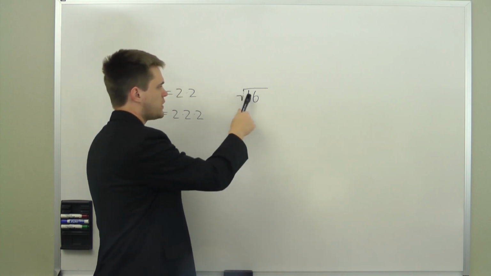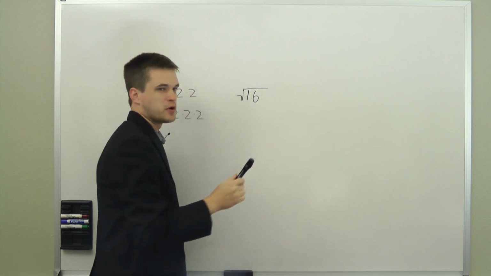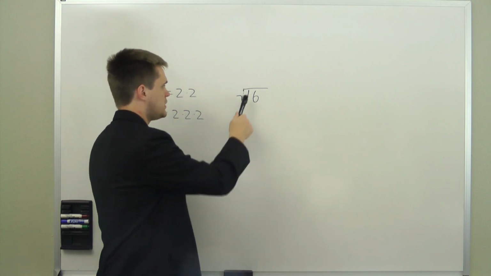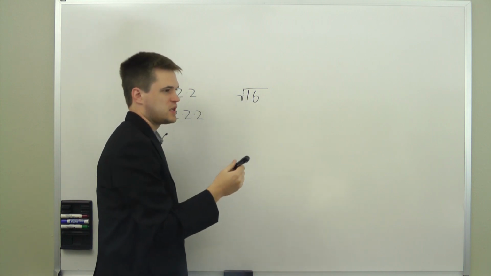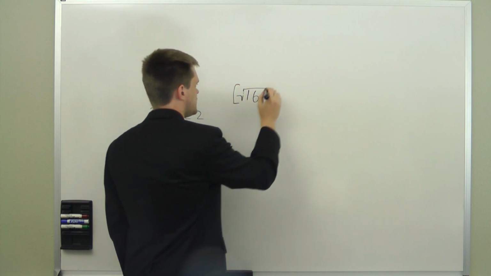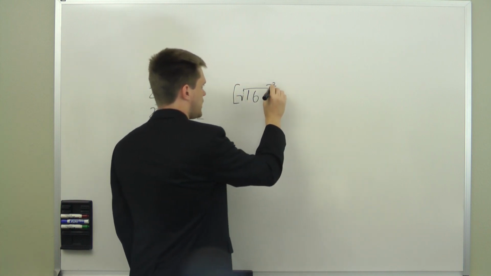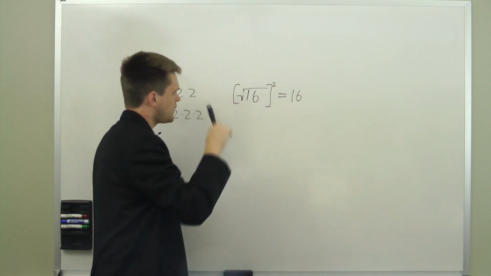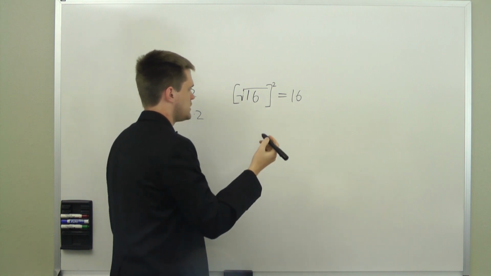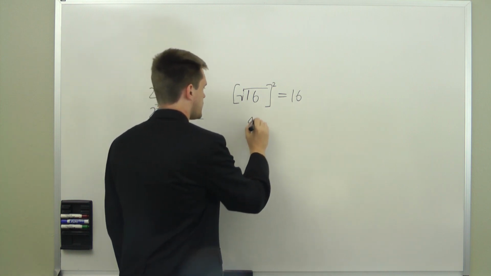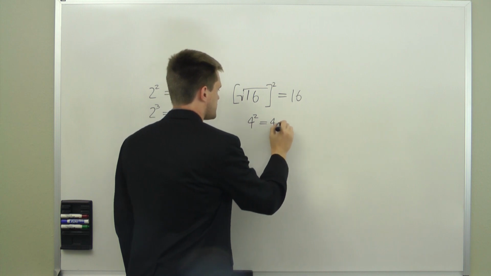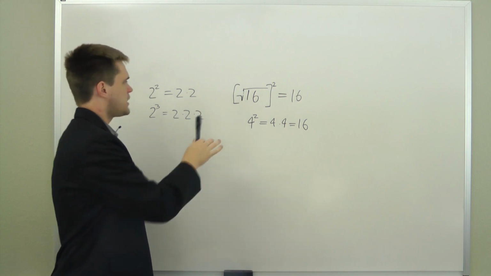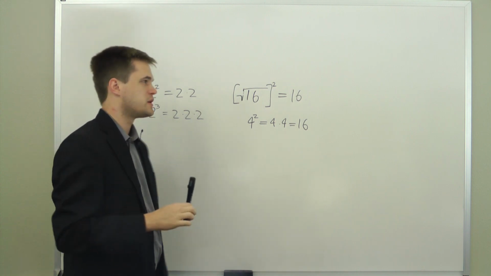So the square root of 16 is the number that has to be multiplied by itself twice in order to equal 16. By definition, if it is squared or raised to the second power, it equals 16. And so the square root of 16 is 4, because 4 raised to the second power, or 4 times 4, is equal to 16. And so roots and exponents are kind of inverse operations.